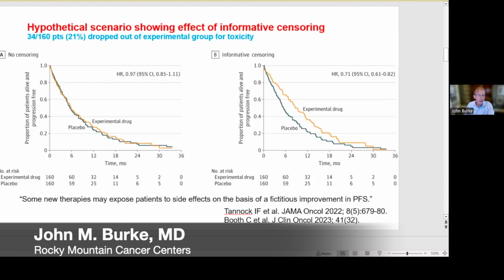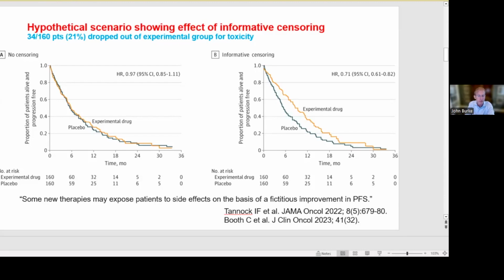So what I wrote in my column for this issue is about informative censoring, which I've learned about relatively recently as a potential source of bias in a number of the oncology trials that we read every day.